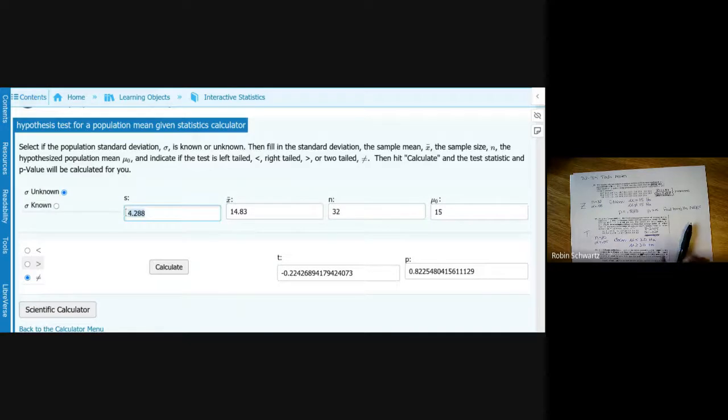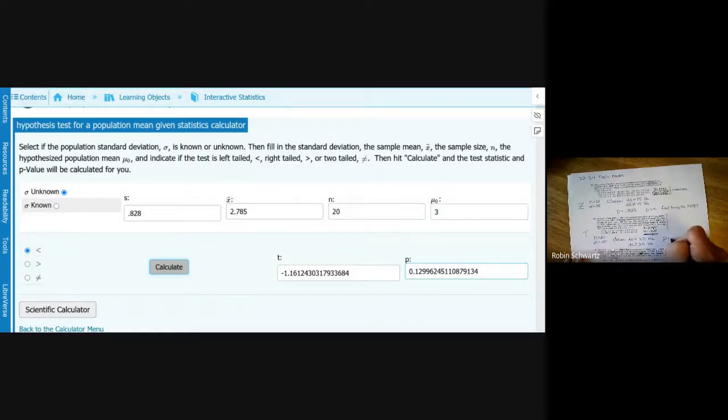So just replacing the values, the S is 0.828. The mean was 2.785. The N was 20. And from the H0, the mean is 3.0, or just 3.